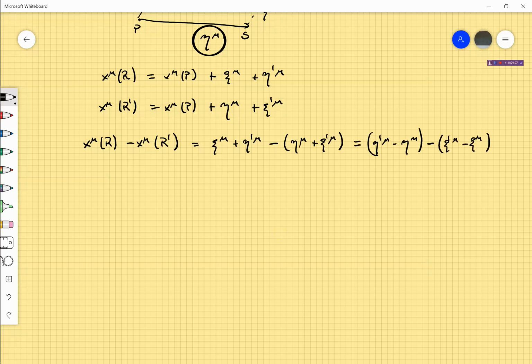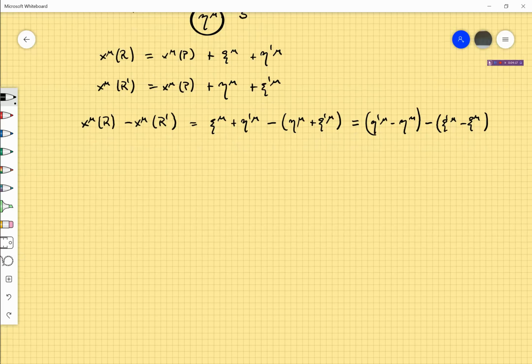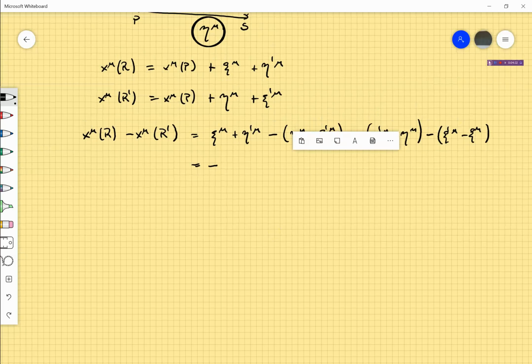And remember that eta prime mu was obtained from eta by parallel displacement, and psi prime was obtained from psi by parallel displacement. So the only thing that survives here is the vector. Remember how this was defined, as minus delta, and this delta was the vector of the displacement, which here is psi.